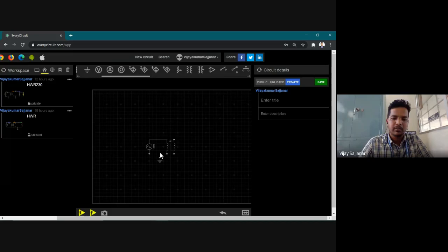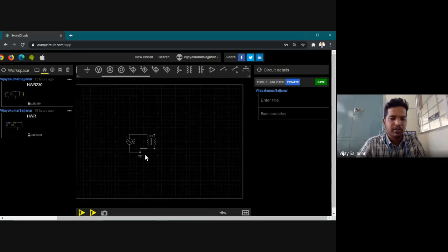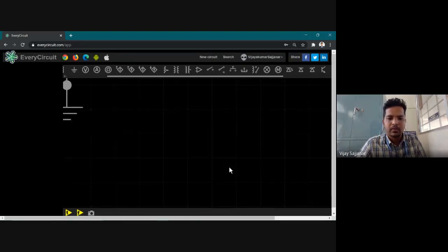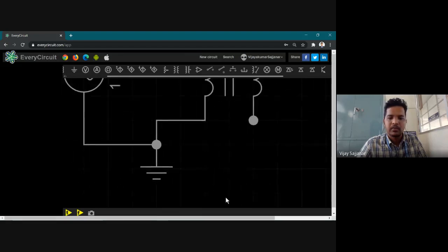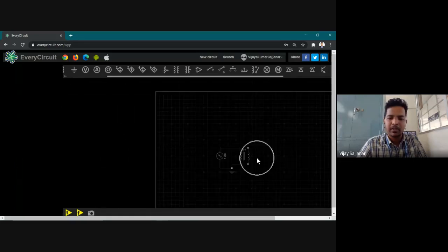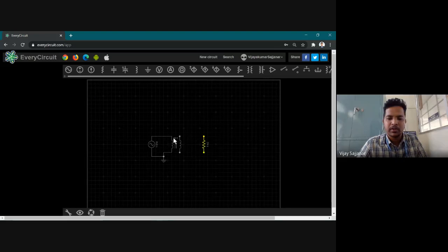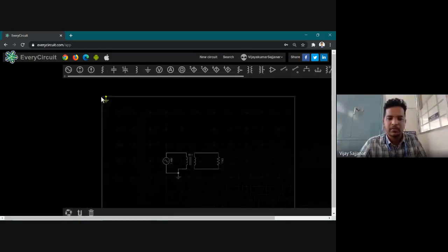So this is our circuit for the transformer, with an AC supply. We'll use a resistor to see the output of this transformer. This is a conversion from AC to AC. We'll require another ground, so put a ground here.